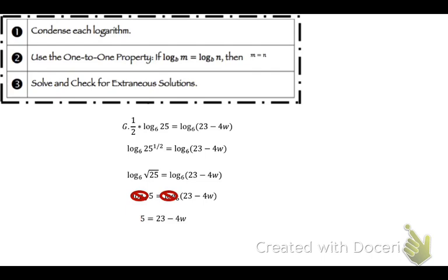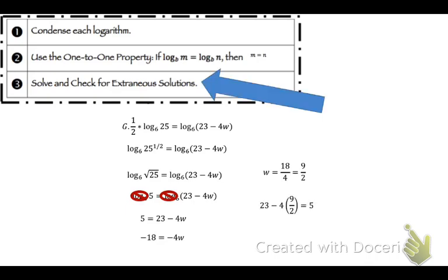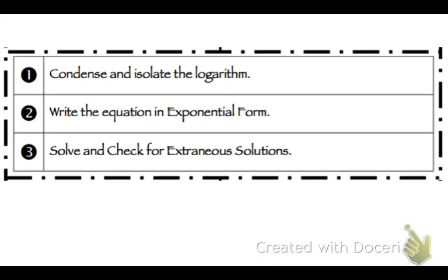Drop those, so you get 5 equals 23 minus 4w. Subtract that 23, negative 18 equals negative 4w. Divide by negative 4, so you get 18 over 4, which is 9/2. Plug it in, make sure you don't get a negative. You get 5, which is right, so we're good. It's positive. Okay.